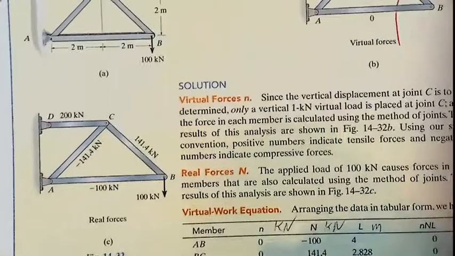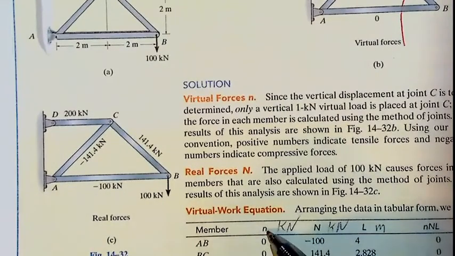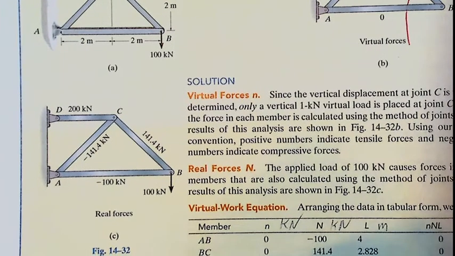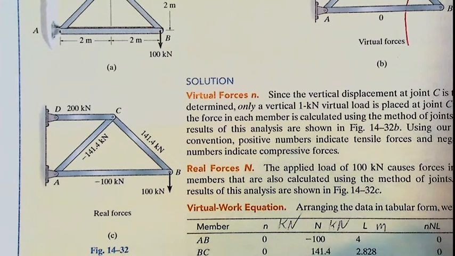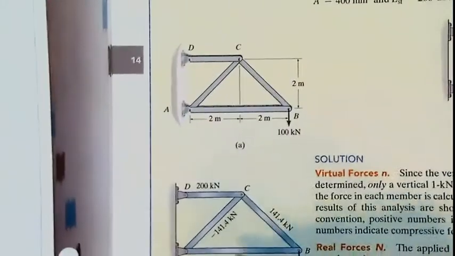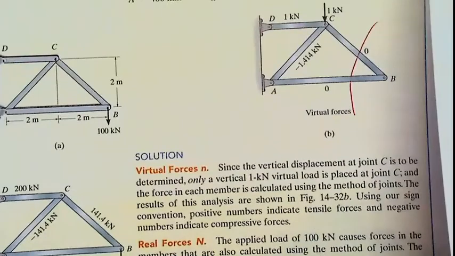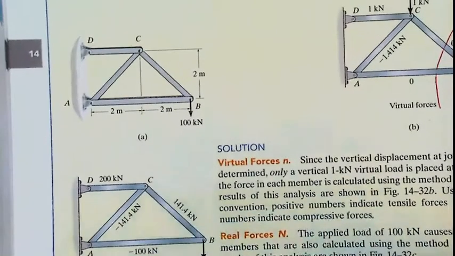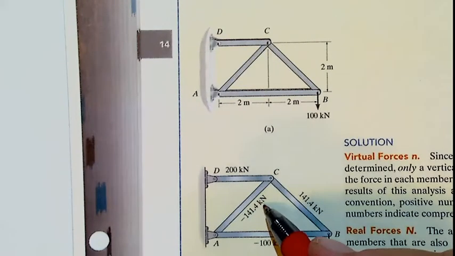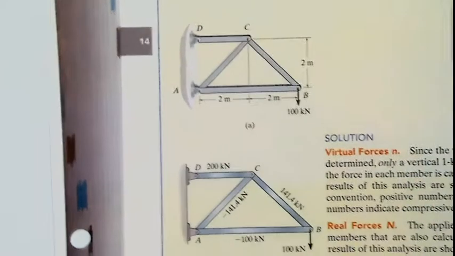AB, small n equals 0. BC, small n equals 0. AC equals minus 1.414. CD equals 1. For the real system, N is minus 100, minus 141.4, and this is 200.